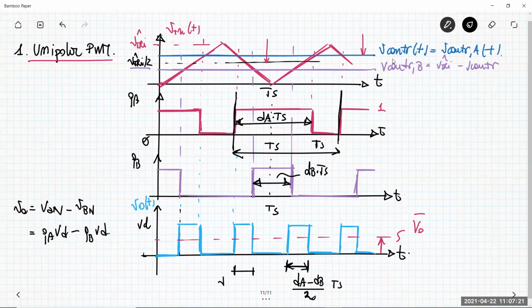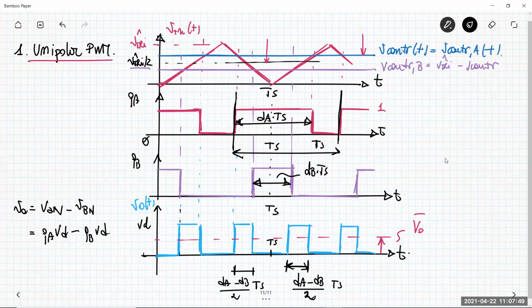All these pulses have this expression. It's easy to see in this graph.